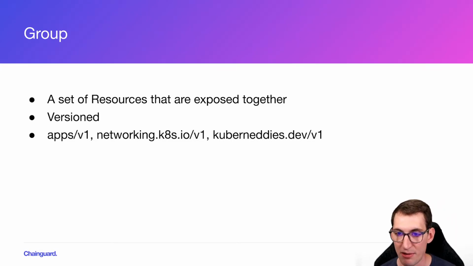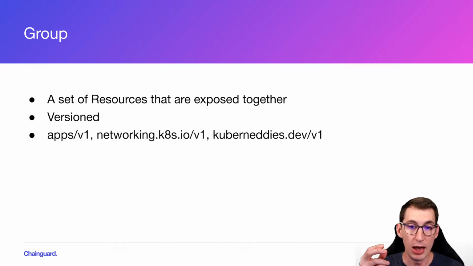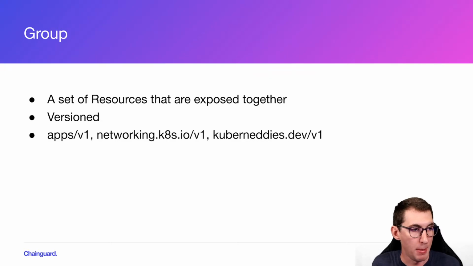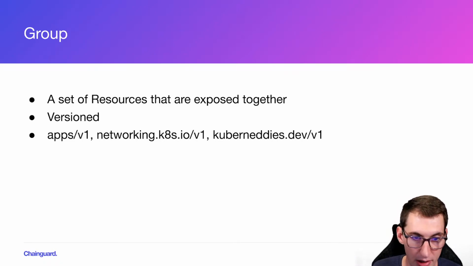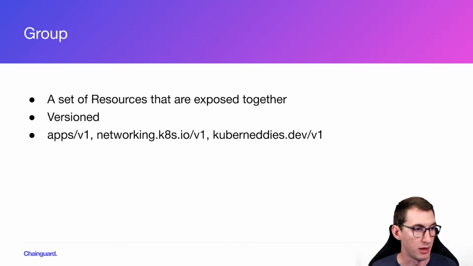It's kubernetes.dev, which I'm super proud of. Shout out to Memo for thinking of that. And you might have noticed that the built-in types, the core types like pod and config map, are under what we call the core API group, and sometimes they're just represented as an empty string internally. So it's a bit of a legacy thing that we have to work with.